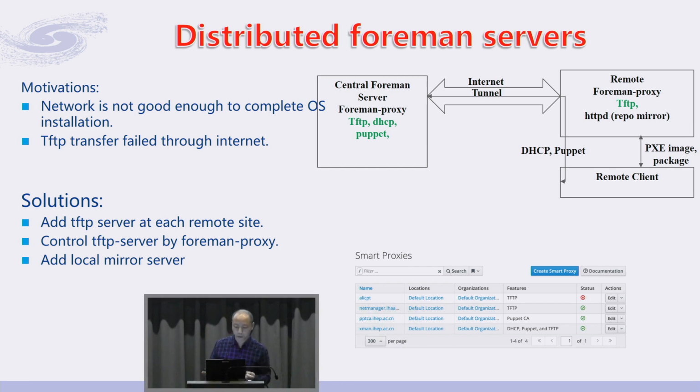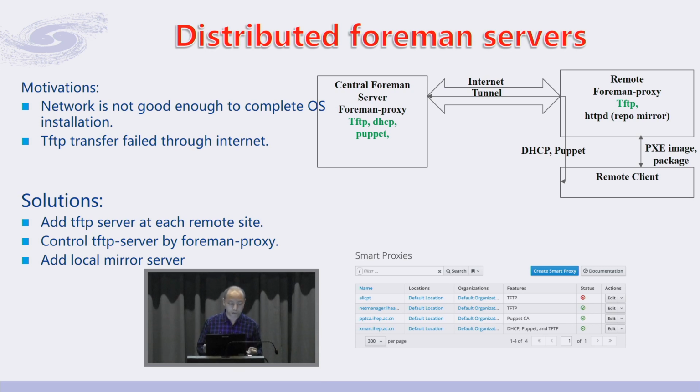Why do we use a distributed Foreman server? Because at a remote site the OS installation will fail during the TFTP transfer. It will take 1 or 2 hours to download the PXE image, then it will fail.